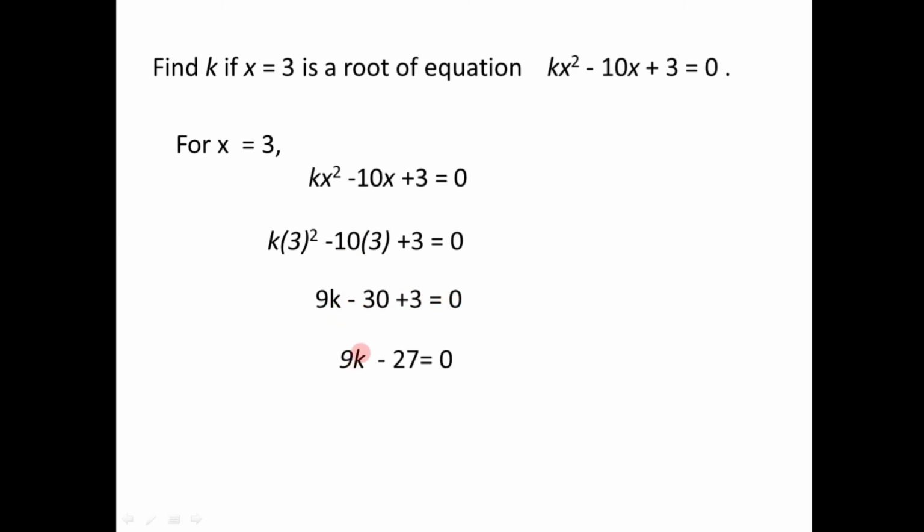The next step we get 9k minus 30 plus 3, which is minus 27, is equal to 0. If we take minus 27 to the right hand side, we get 9k is equal to 27. If we take 9 to the right hand side, it will be in the denominator, so as to get the value of k as 3, because if we divide 27 by 9, we get 3, because 9 3s are 27. So here the value of k is 3.